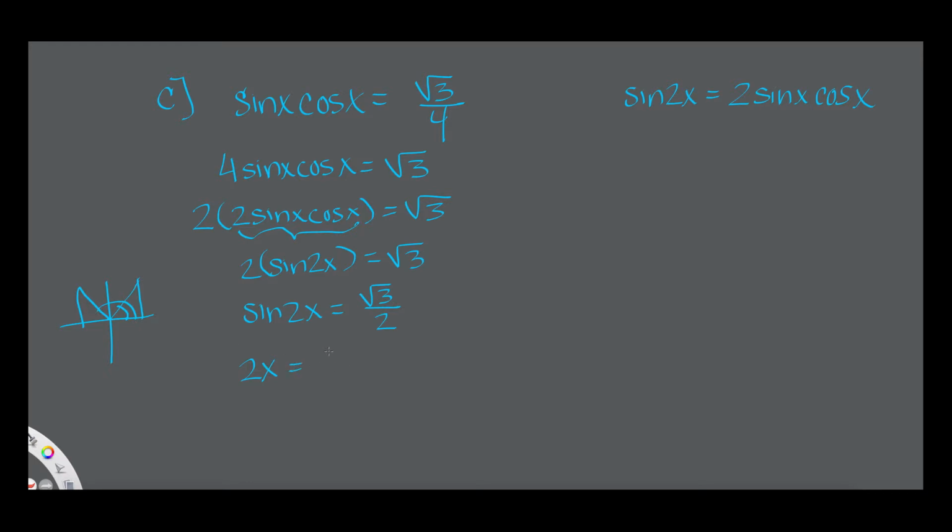So 2x equals pi over 3, or 2x could also equal 2 pi over 3. Okay, but we're looking for all solutions over the interval 0 to 2 pi, which if we were looking for 2x, this would really be it.